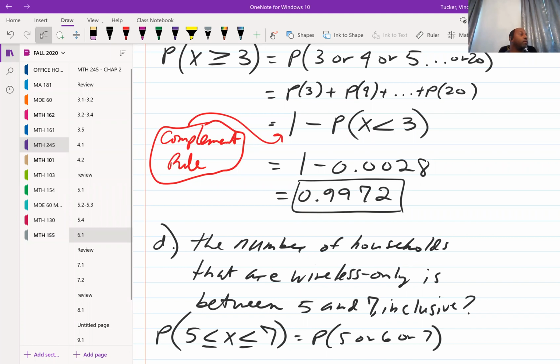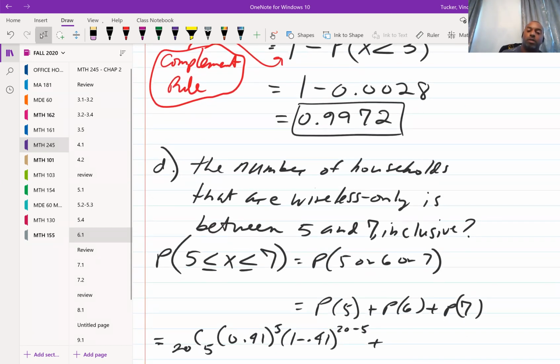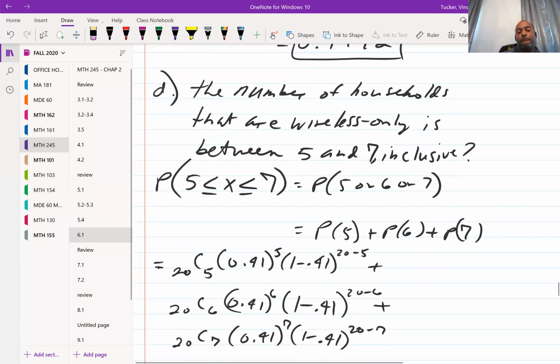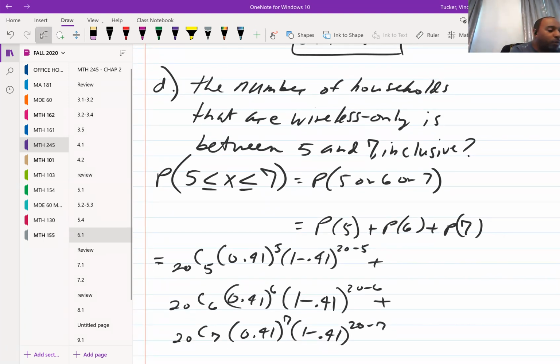You're talking about everything in between 5 and 7, and also 5 and 7 itself when you say inclusive. So we're looking at those 3 probabilities and adding those together, 5, 6, and 7. And those are the formulas.